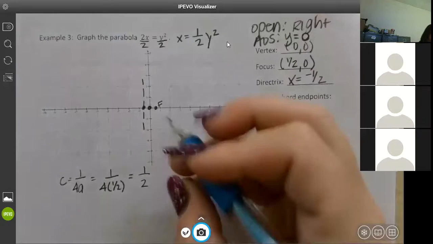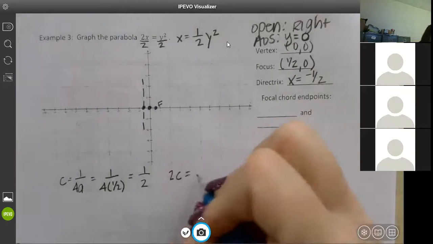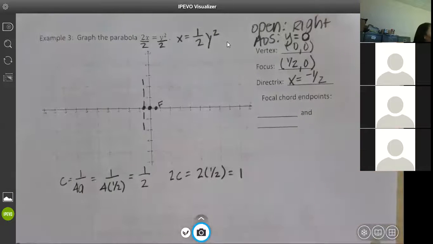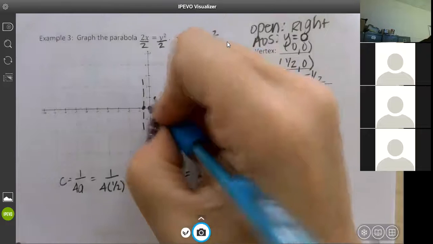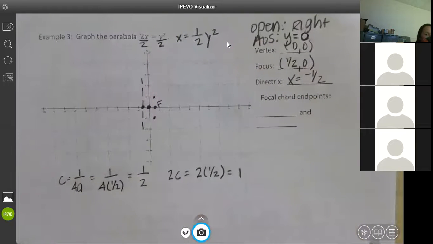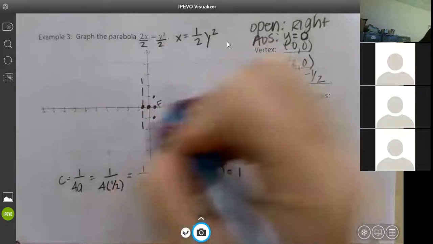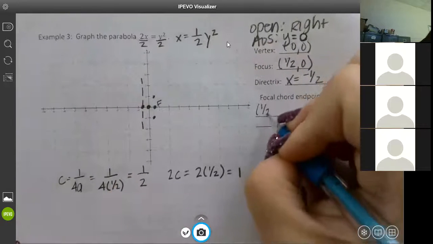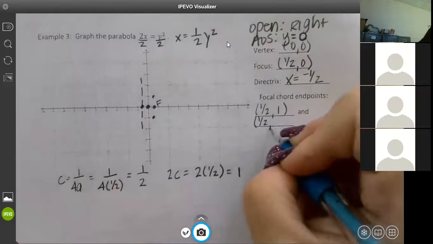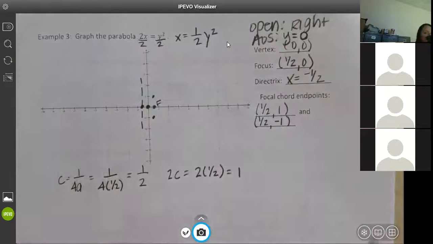How do you find the focal chord endpoints? We do 2c, which makes it a little easier. 2 times 1/2 is 1. So from the focus, we go up 1 and down 1. So to get to the top point, I went over 1/2 and up 1. To get the other one, I went over 1/2 and down 1.